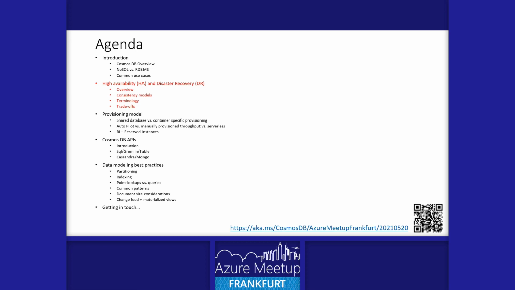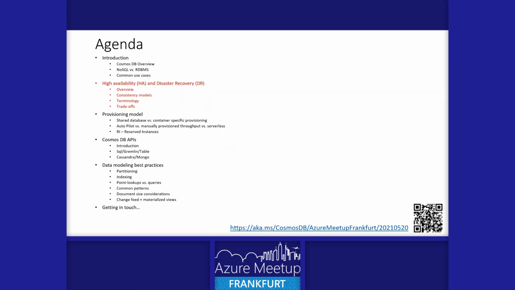I want to drill down a little bit on how availability and disaster recovery is actually designed and implemented in CosmosDB, because, and that's the last part I'll go into, that has an impact on cost as well. For example, if you replicate your data into Azure regions, the more regions you have, the better your availability, of course.